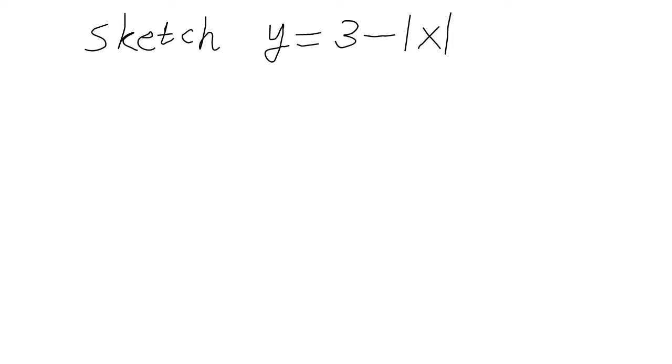The parent function is what? In this case, it's not x squared, radical x, x cubed, cubic root of x. It's what? Absolute value of x. Absolute value of x is the parent function.